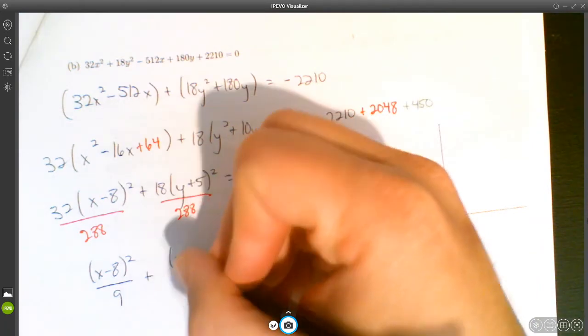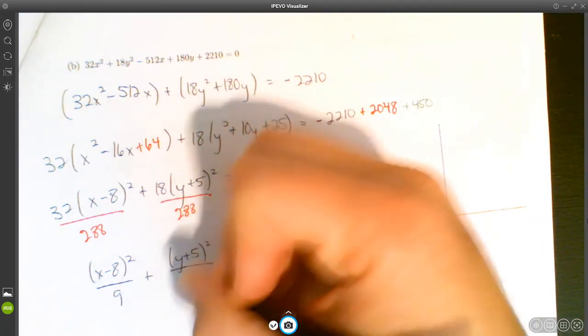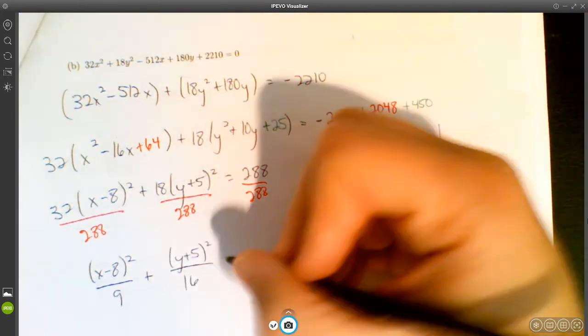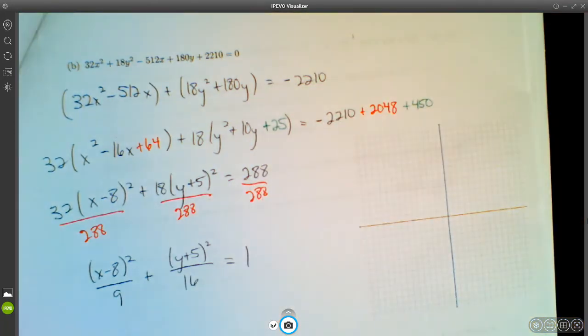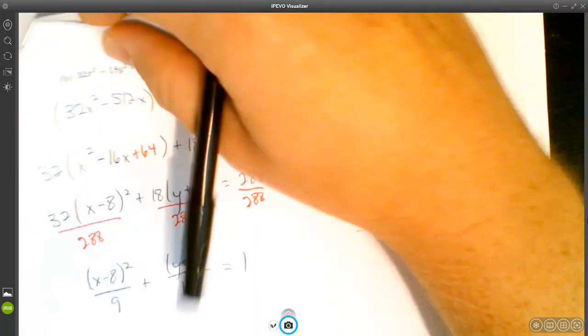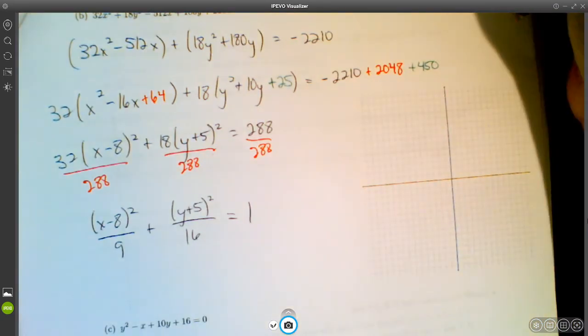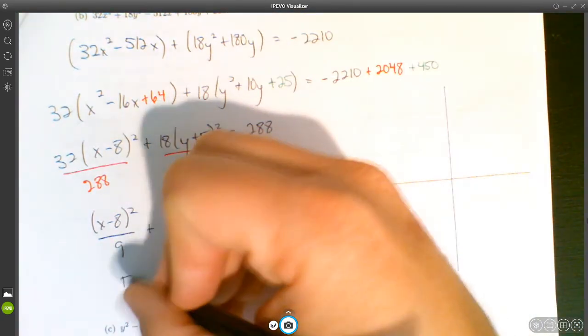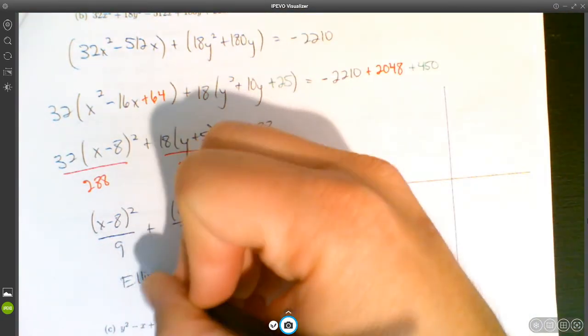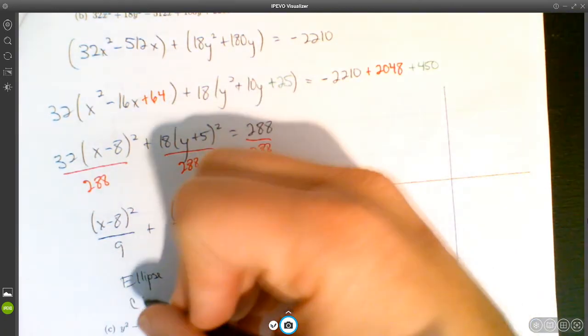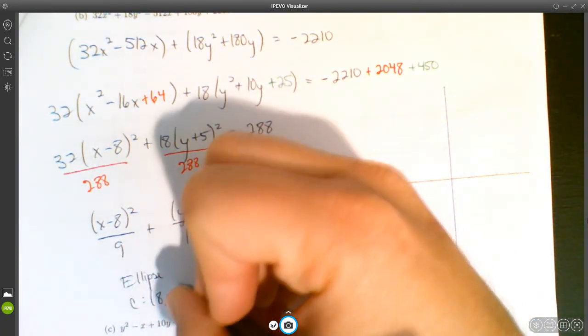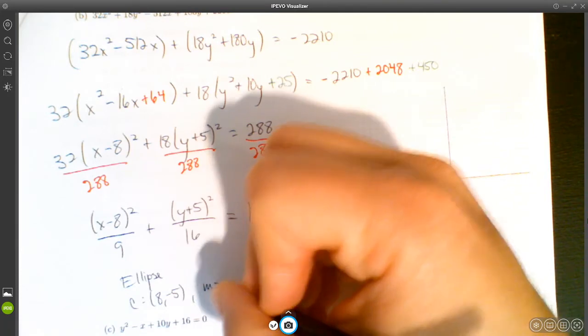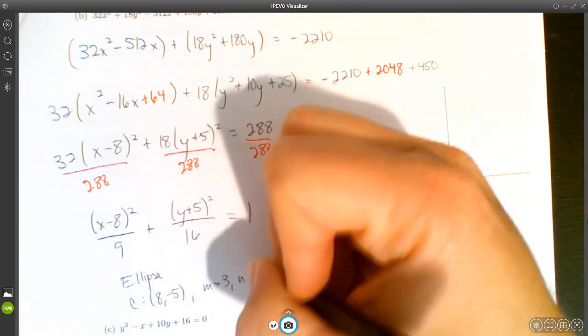So this is y plus 5 squared over 16, when you reduce the fractions. And this equals 1. So now we can see really clearly that, yeah, this thing is an ellipse with center 8, -5. M is 3, N is 4.